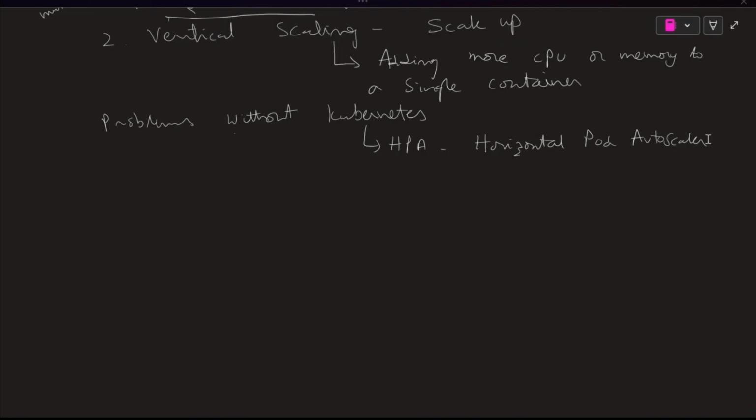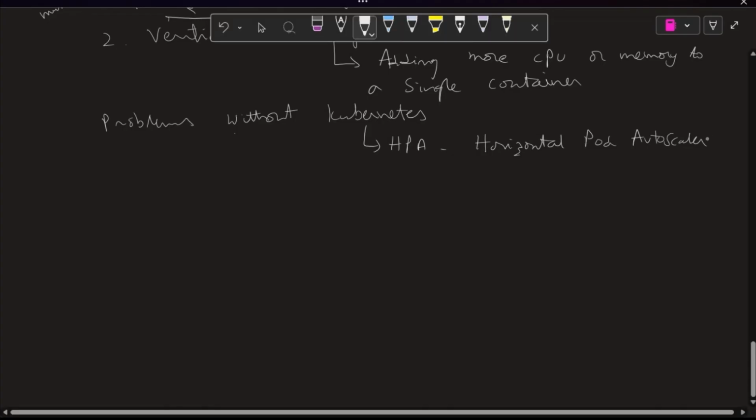The horizontal pod autoscaler monitors and collects CPU and memory data in real time, every 15 seconds. It scales replicas, either bringing them up or down, without any human involvement.